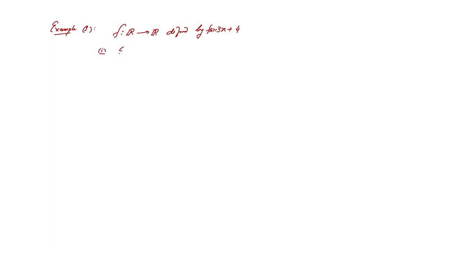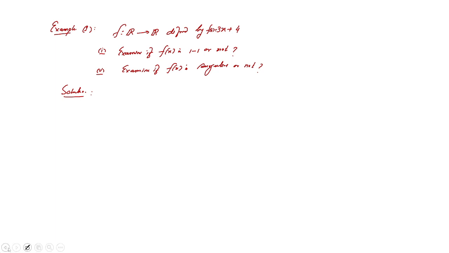Our first question is to examine whether f(x) is injective or not, one-one or not. And the second question is to examine whether f(x) is surjective or not. Now we come to the solution: how to check whether a function is injective or surjective.